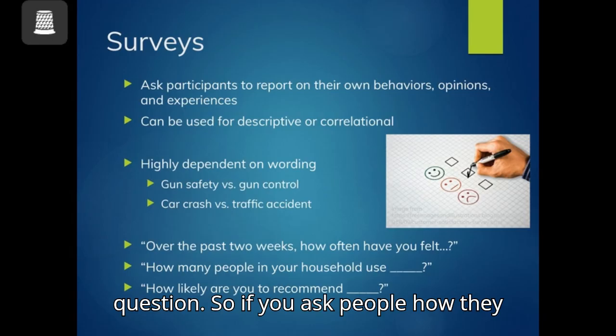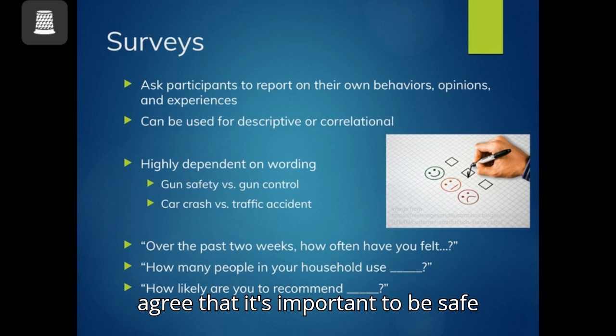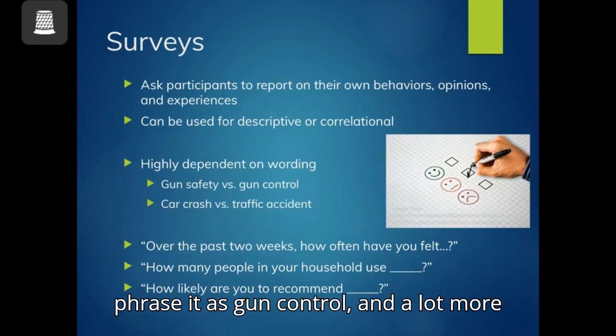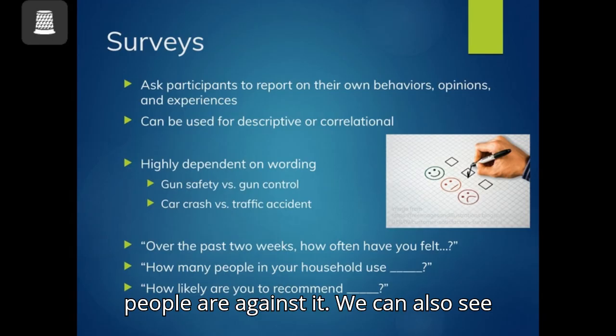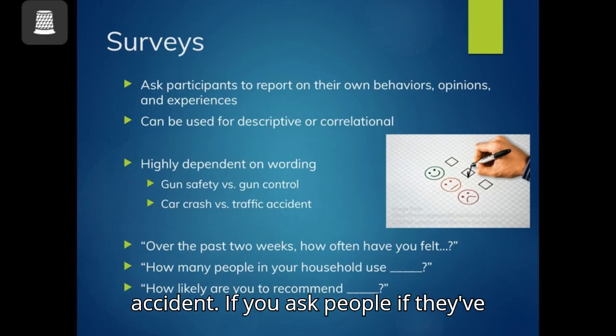So if you ask people how they feel about gun safety, most people will agree that it's important to be safe around guns. We can use the same exact legislation, but phrase it as gun control, and a lot more people are against it.